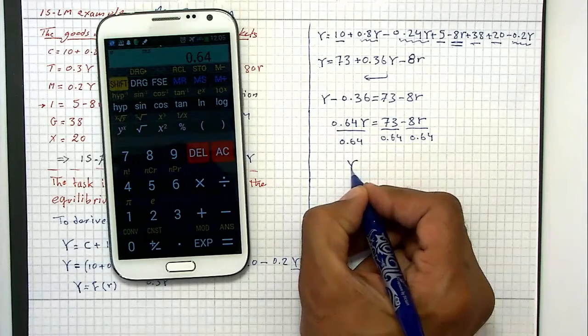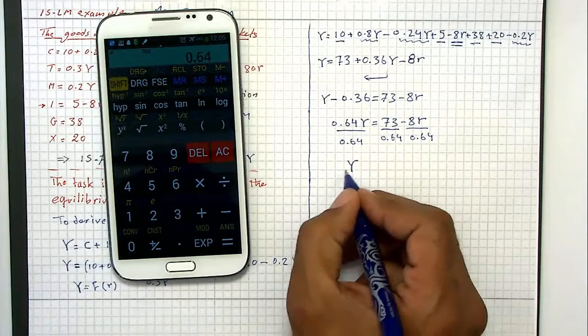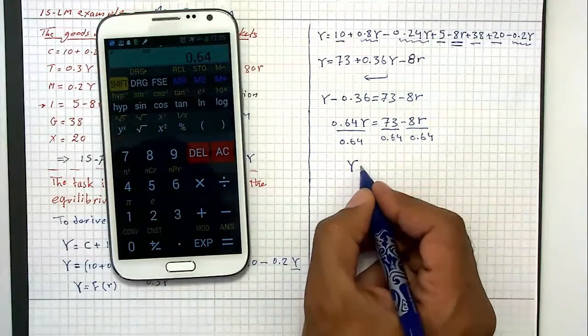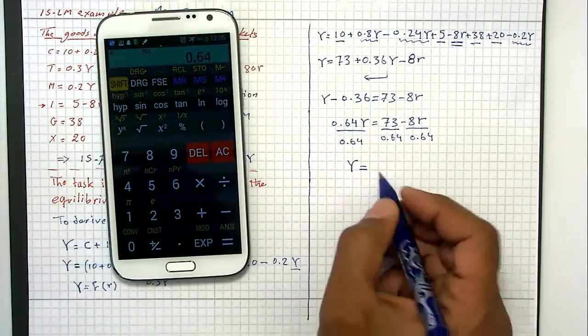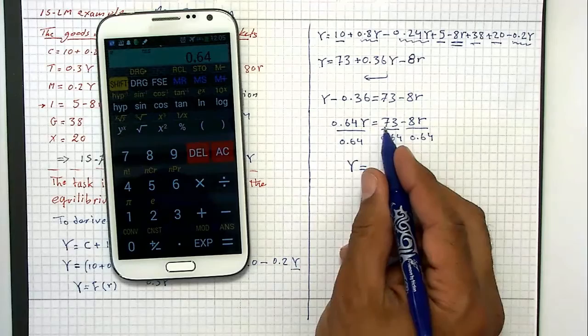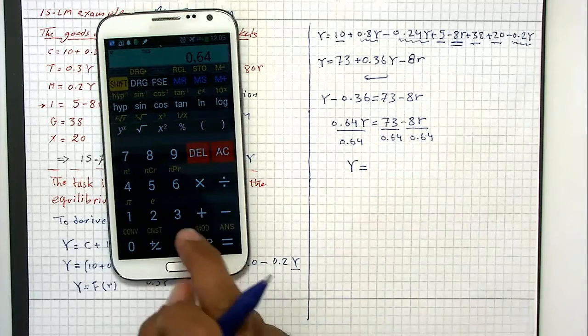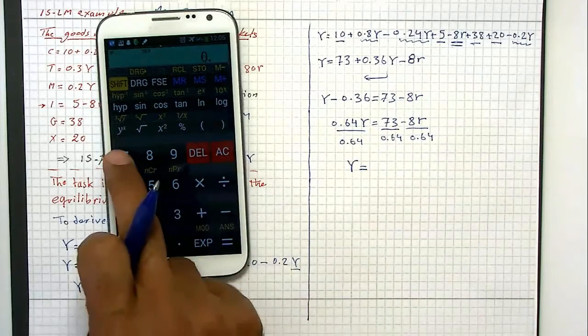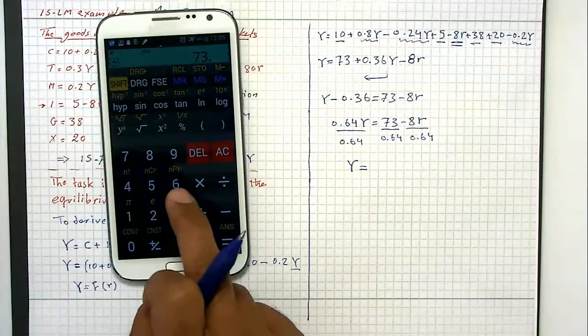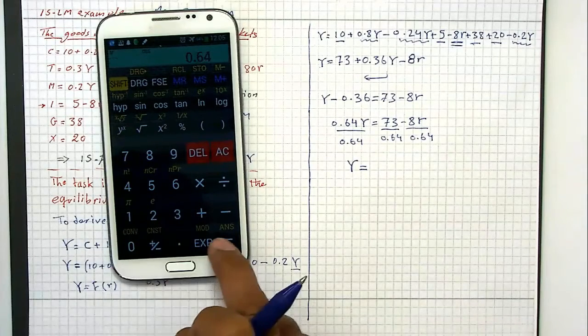So it's a 1 times y. I don't need to write a 1. So I have only y here. Here I have 73 divided by 0.64.